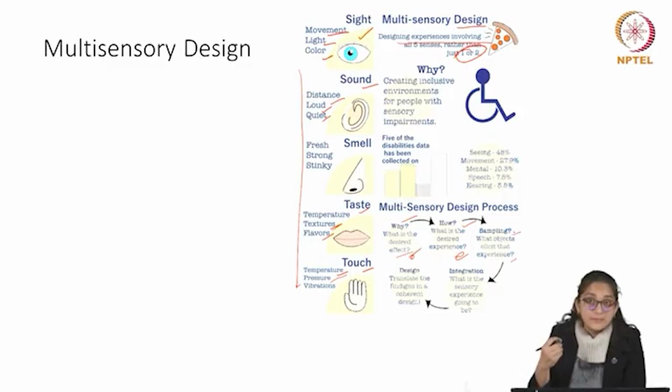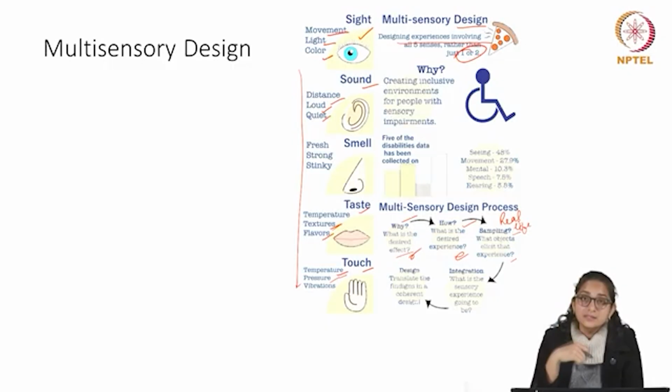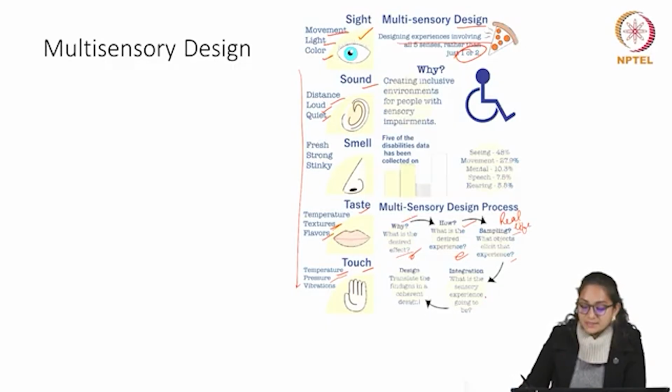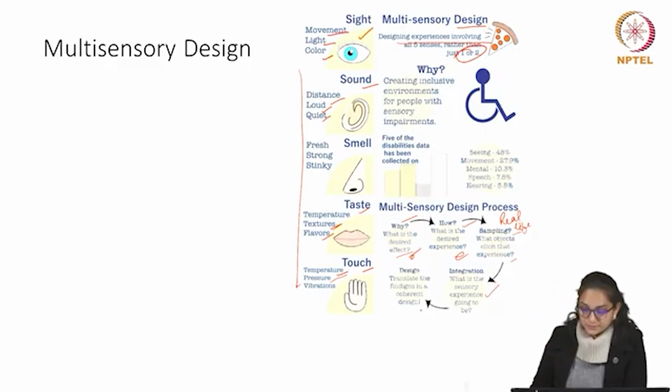So similar sampling, primarily relating to real life, not man-made objects, so it would be easier to understand the intuitive aspects of multimodal design. What is the sensory experience going to be, and translate the findings into a coherent design.